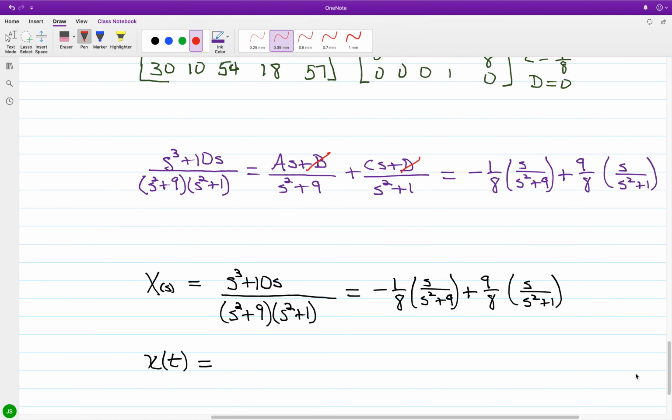Now, if I take what I have and put it in terms of the solution x(t), I have -1/8 times the inverse Laplace transform of s over s squared plus 9, plus 9/8 times the inverse Laplace transform of s over s squared plus 1.